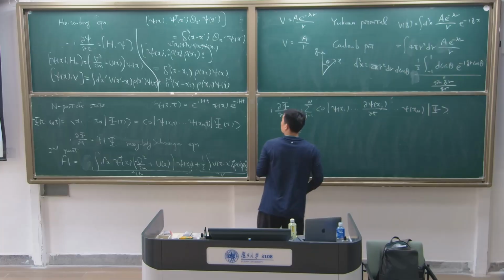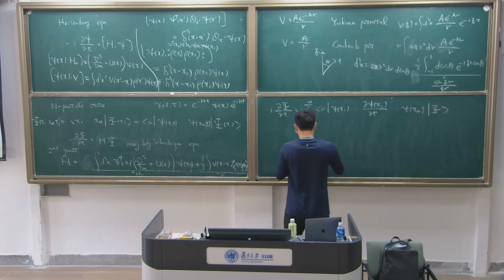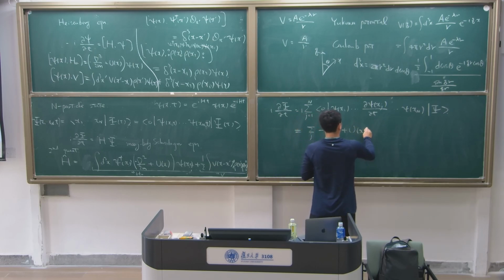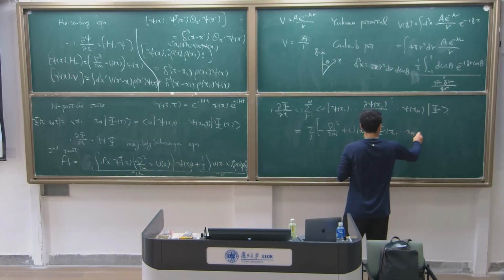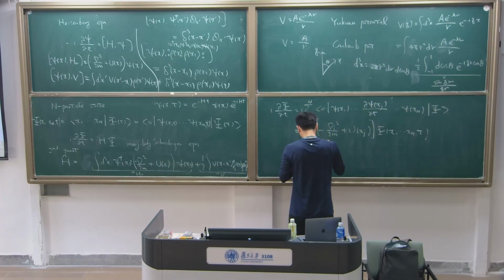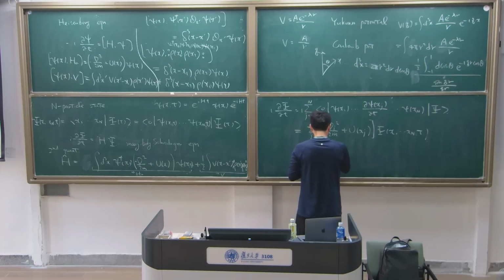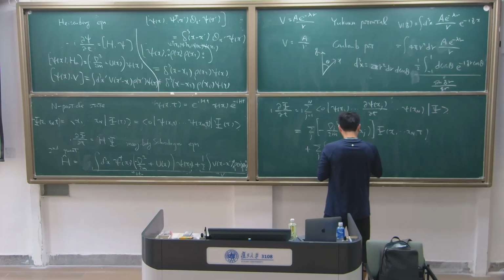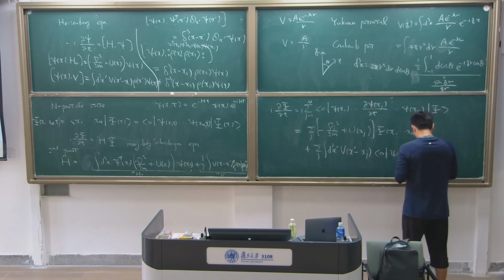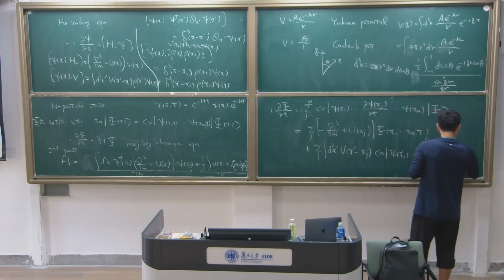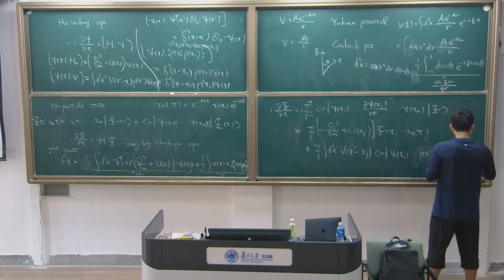So you get this one is equal to the sum over j of minus del j squared divided by 2m plus u of xj, times psi of x1 through xn and t, plus the sum over j of the integral d cubed x prime of rho x prime, with psi of x1 through xj through xn, and capital psi.